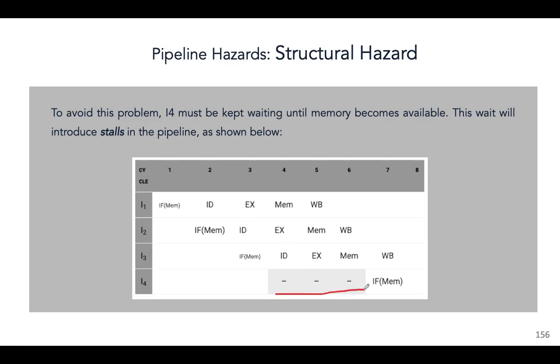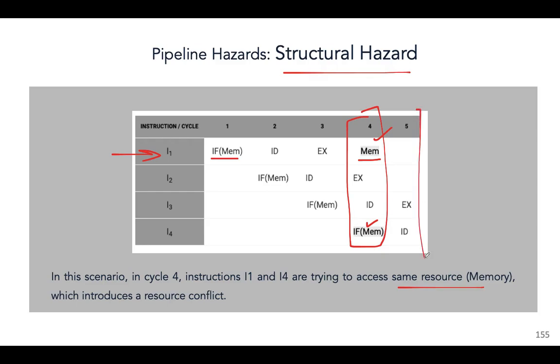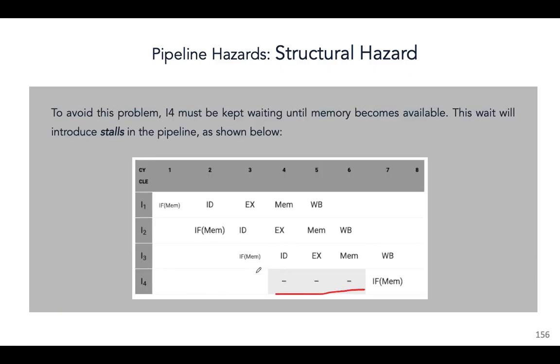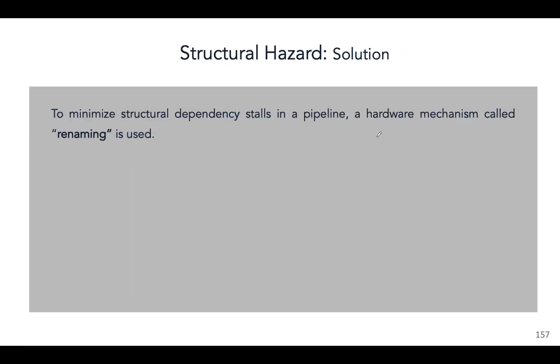So it should have been like this. With cycle 4, instruction 4 should have been fetched, but it can't. So it waits through all of these stalls. So 3 stages are wasted, 3 cycles are wasted. I4 could have started earlier. If it had started earlier, it would have finished earlier, but now there are stalls. So this is the biggest problem caused by structural hazards.